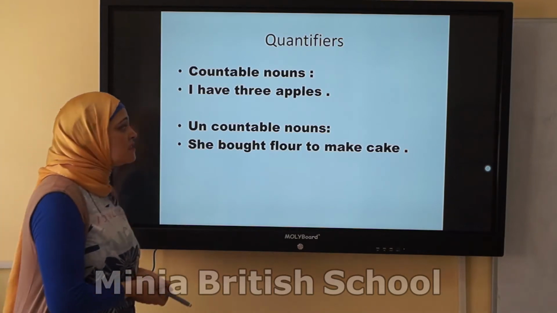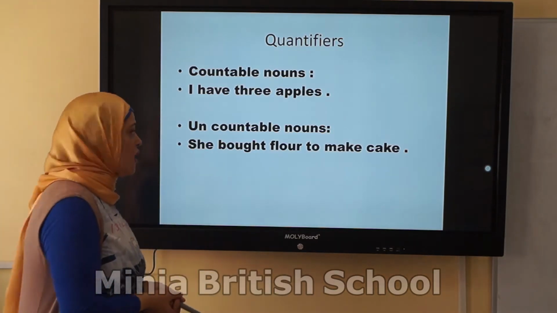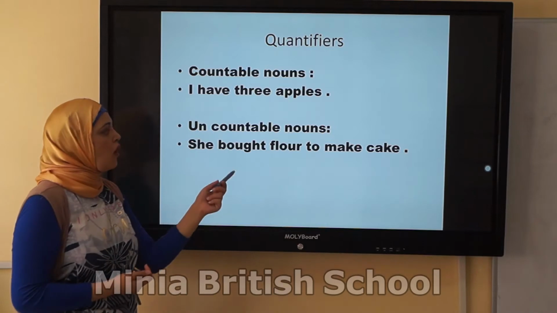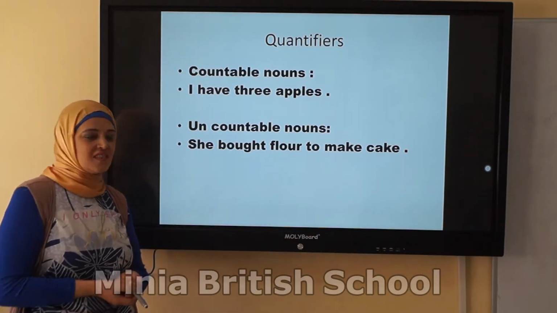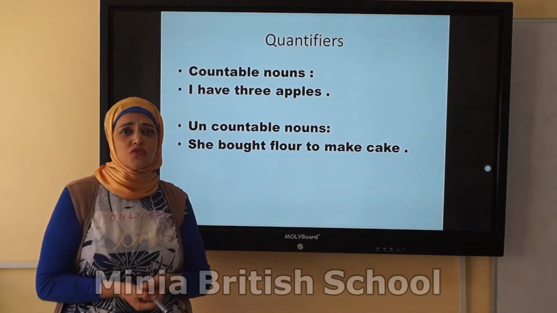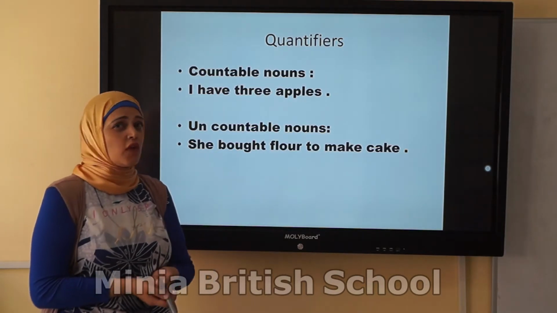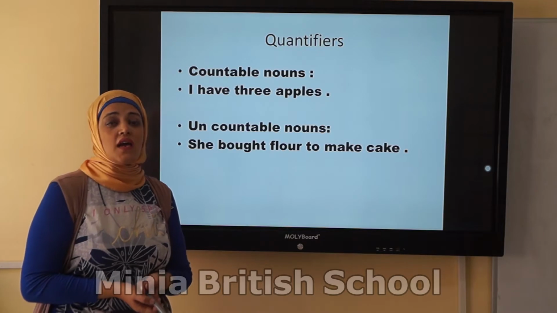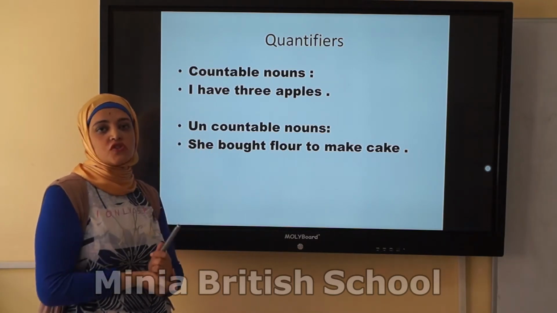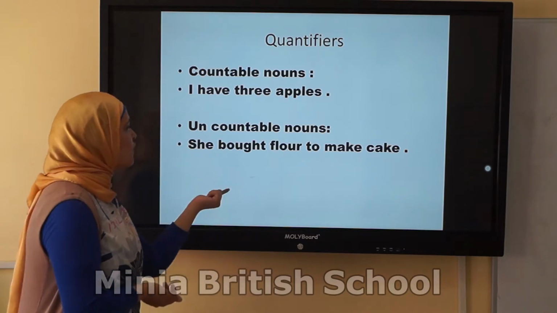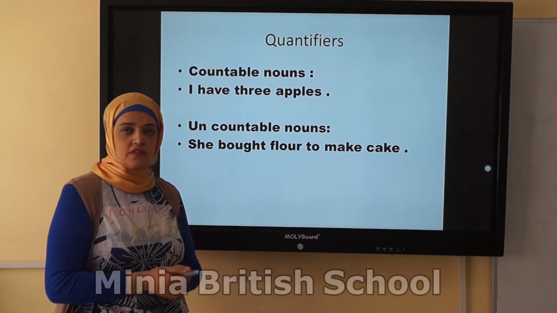In the second example, she bought flour to make cake. Did I say 1 flour, 2 flours, 3 flours? Actually, it's a mass of something. Flour cannot be counted.